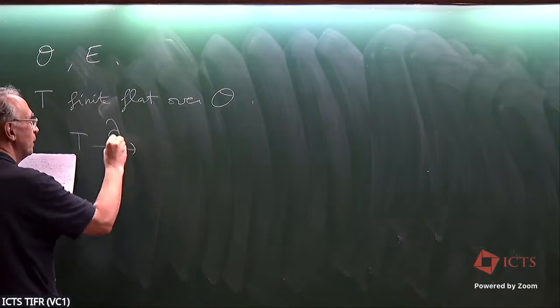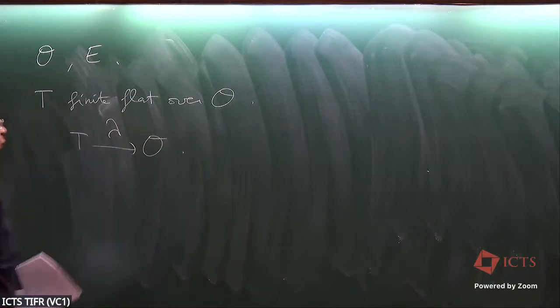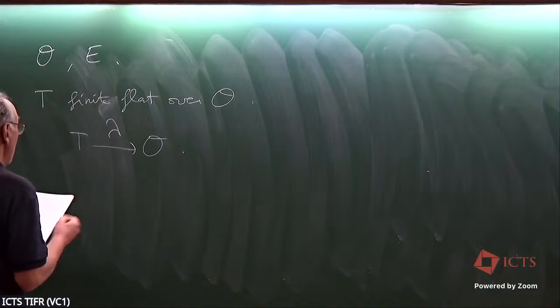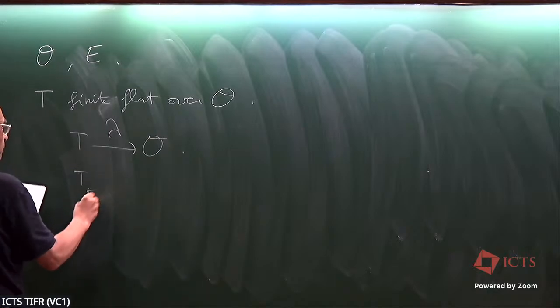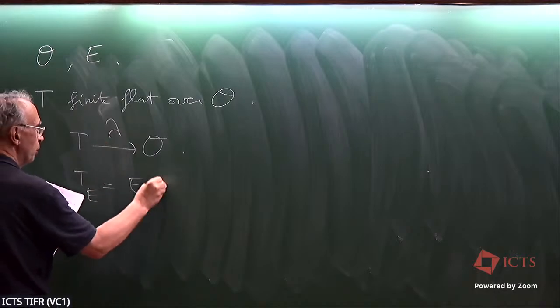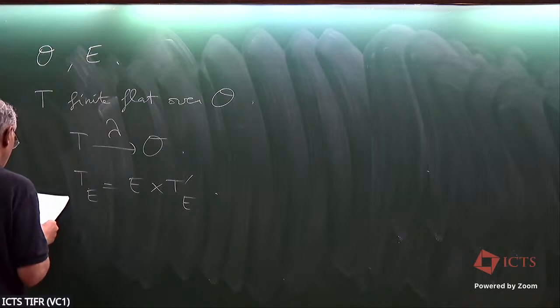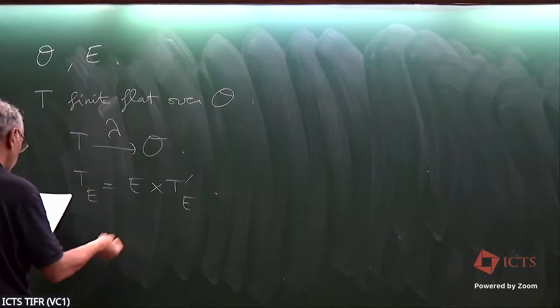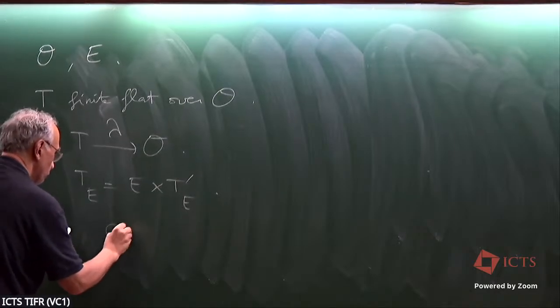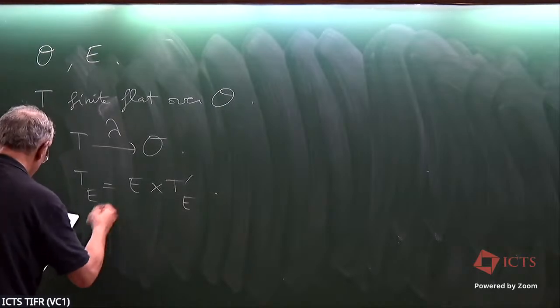Now it's called lambda. So we have an O-algebra homomorphism, lambda. You see the theta pi, but we changed the name. And we assume that when you tensor by E, this splits. So it becomes E times T prime E. And so we have the congruence.